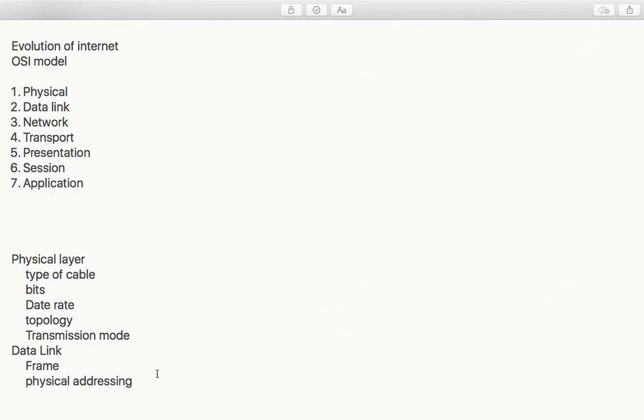That is your physical address, which in turn we also call a MAC address. This is nothing but your NIC address, which is represented in hexadecimal notation. Very simple, right? So the next responsibility of your data link layer is your flow control.